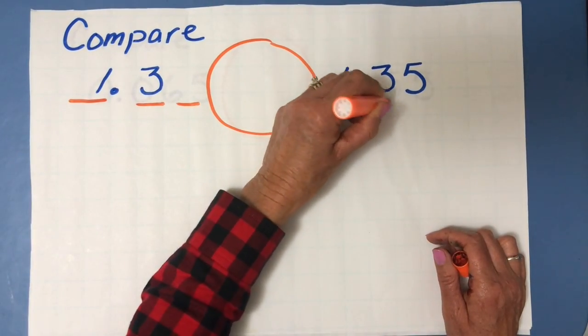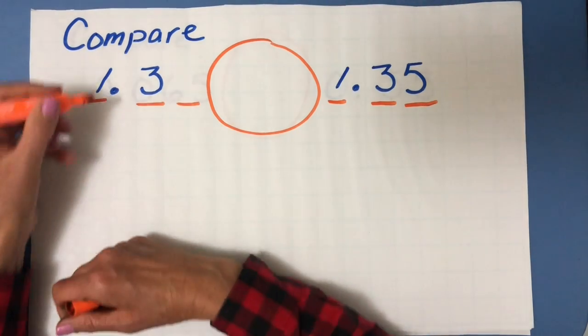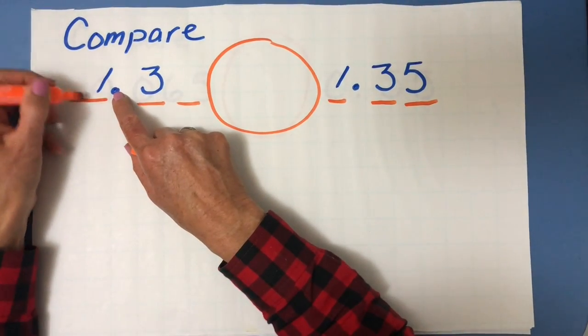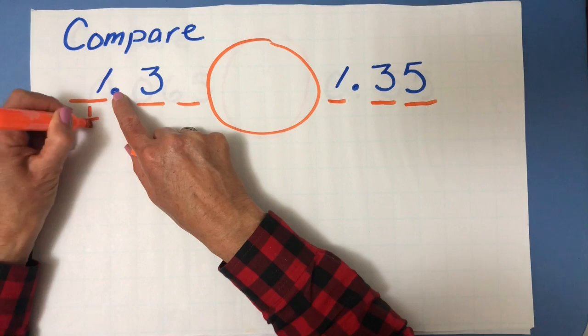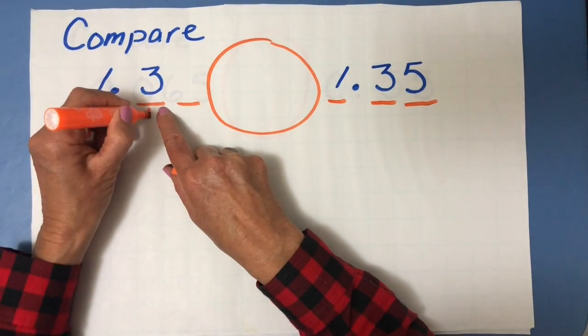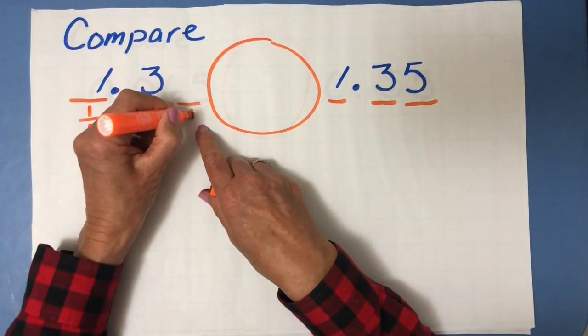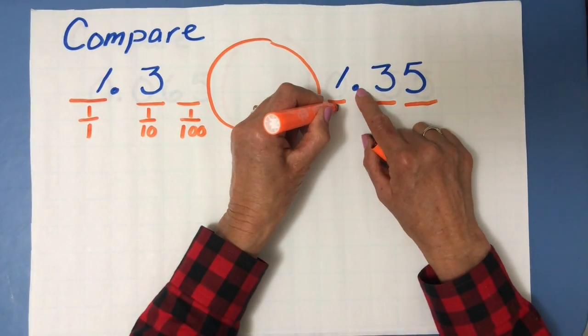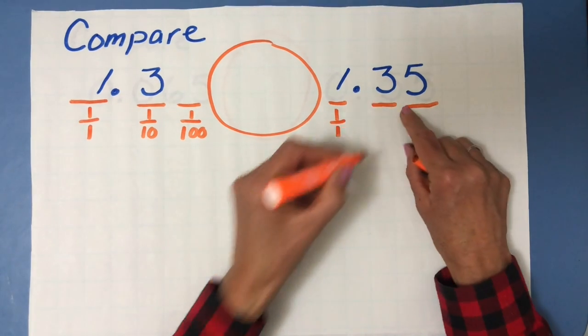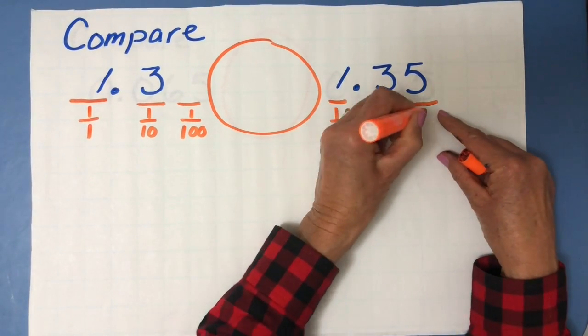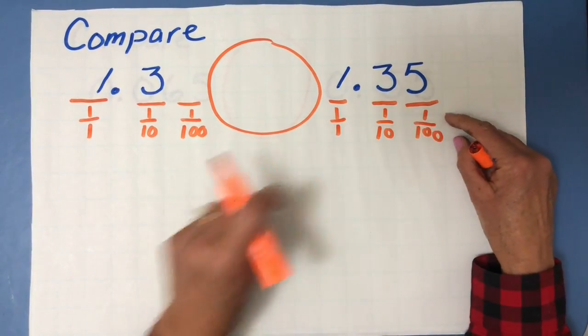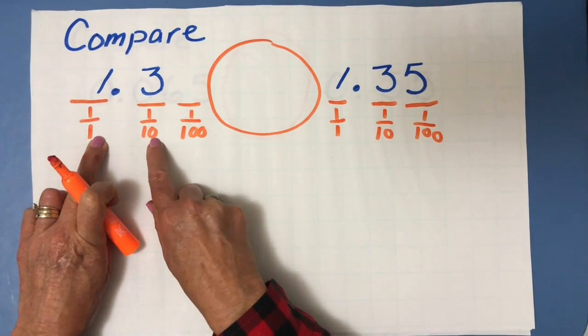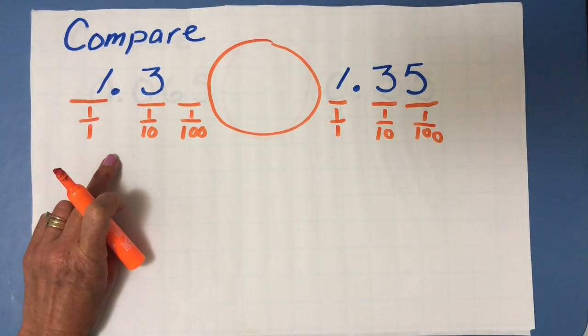I know this is before the decimal point, so I know this is 1 whole. I know this place is 1/10. I know this place is 1/100. Now I'm going to do this one. It's before the decimal point, so it's 1 whole, 1/10, 1/100. And remember how I do it: no zero on the denominator, 1 zero, 2 zeros in the denominator.